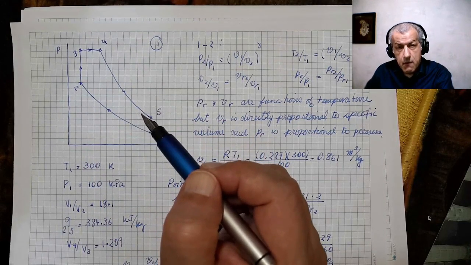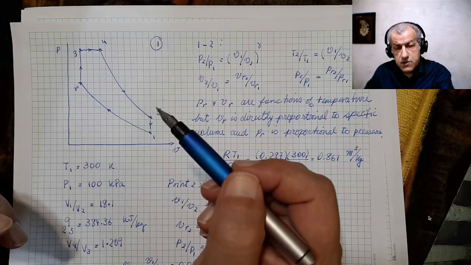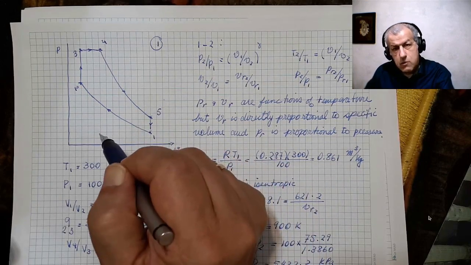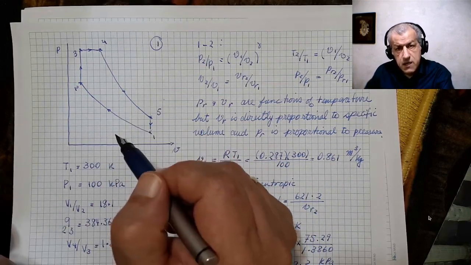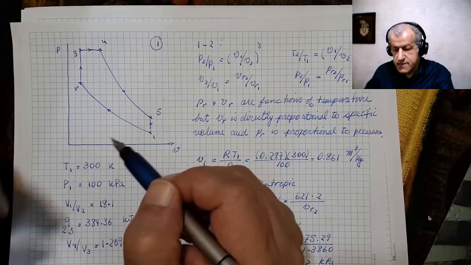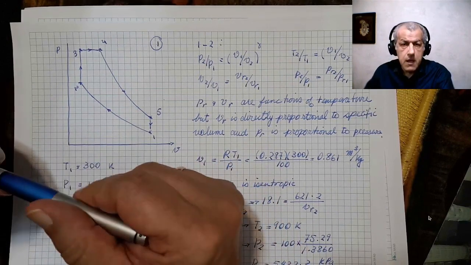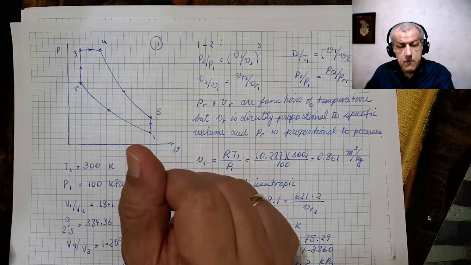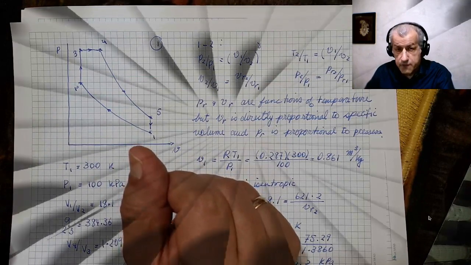We have all required knowledge for heat transfer or work for processes 1, 2, and 2, 3. And the next step that I shall do in my next video is to calculate values for points for processes 3, 4, and 4, 5. Okay, cheers.